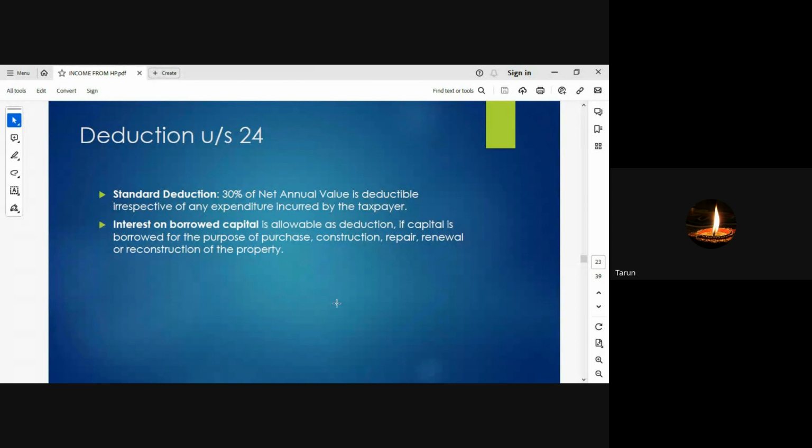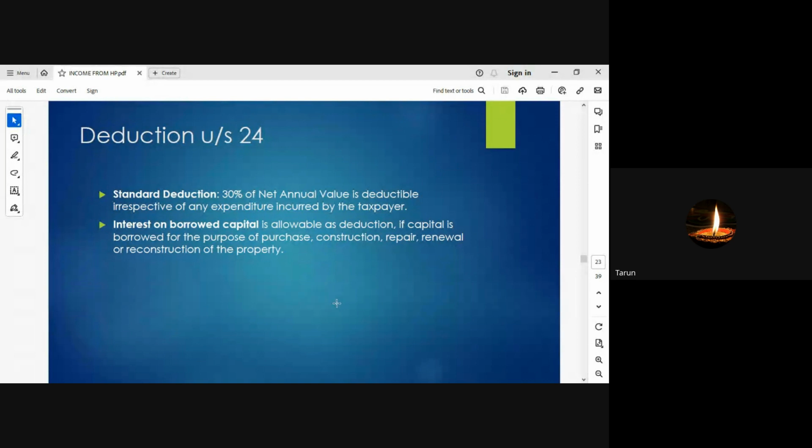For the purpose of purchase, construction, repair, renewal, or reconstruction of the property. It means the interest chargeable on such borrowed capital for these purposes is deductible under section 24.